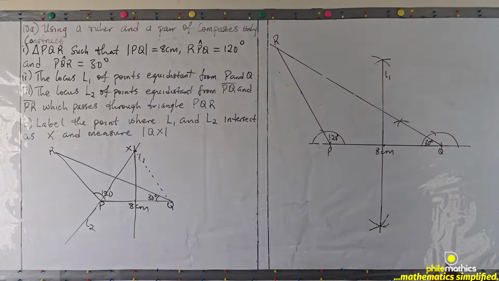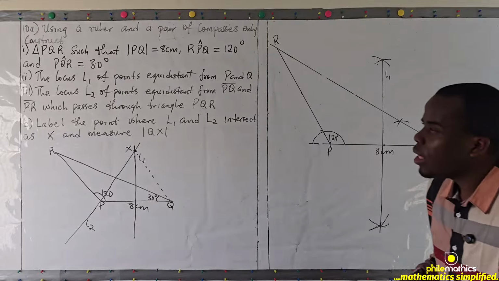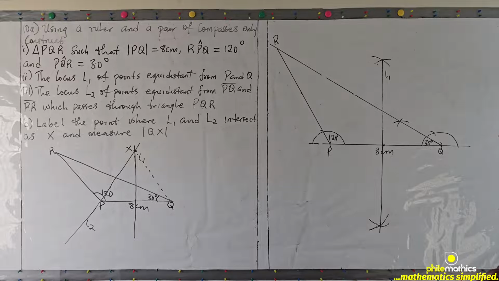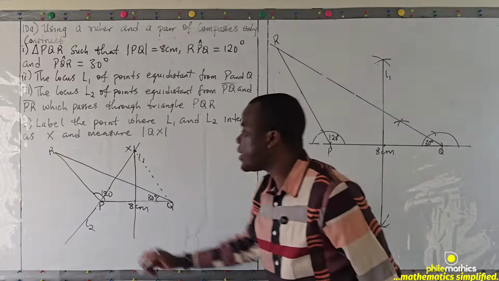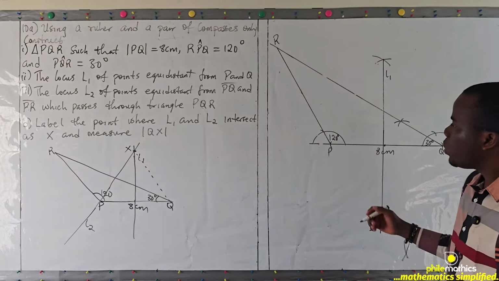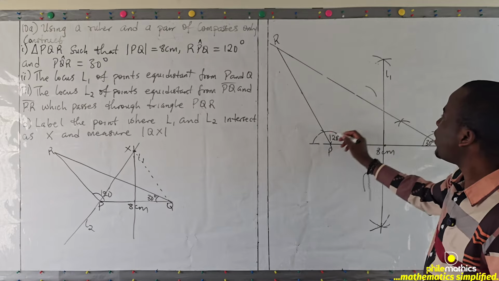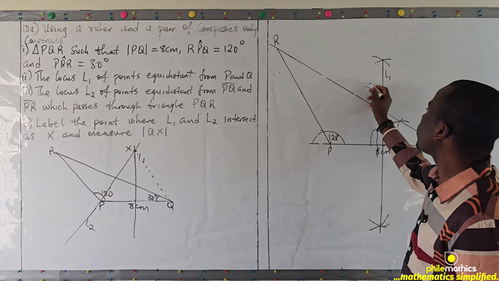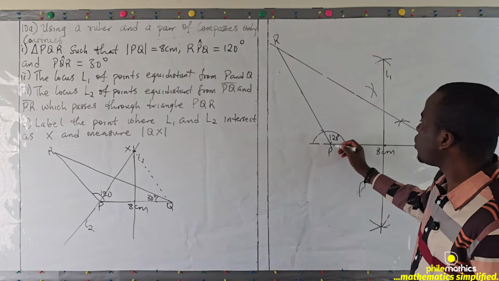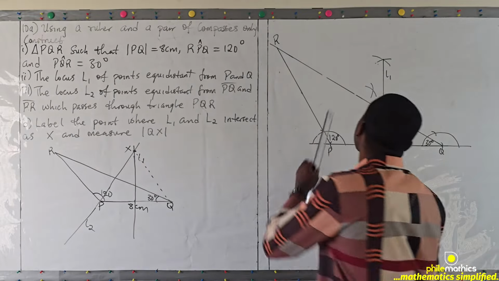The second is the locus L2 of point equidistant from PQ and PR. So it's to bisect this. What we do is we place the point here and then cut, and then place it here and then cut, and then stretch it out from this point.